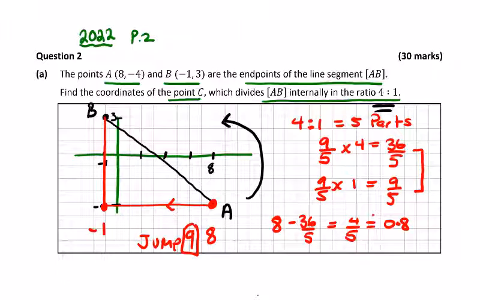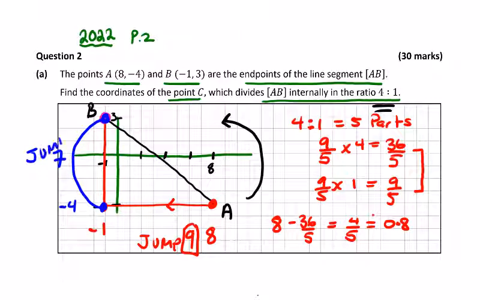Then if we do the same thing for the y value, maybe pink's a bit close to red, I'll change the color to blue. So we're at, on the y-axis, we're at -4, and we're going up to 3. So this is a jump of 7.